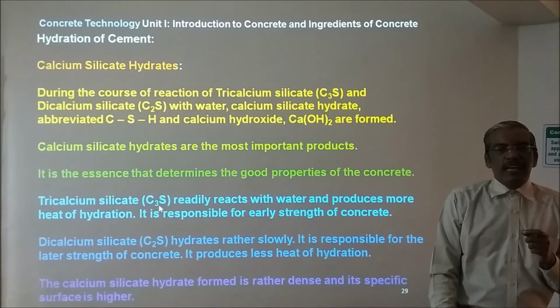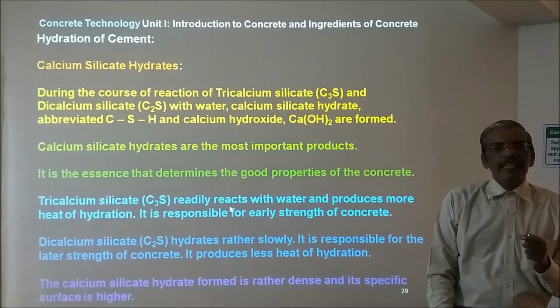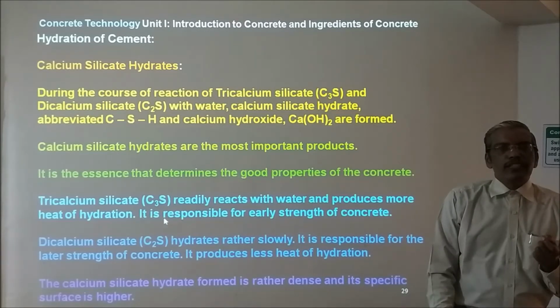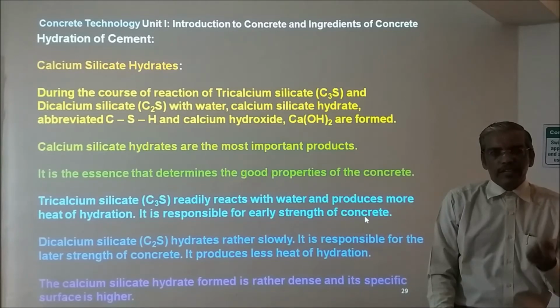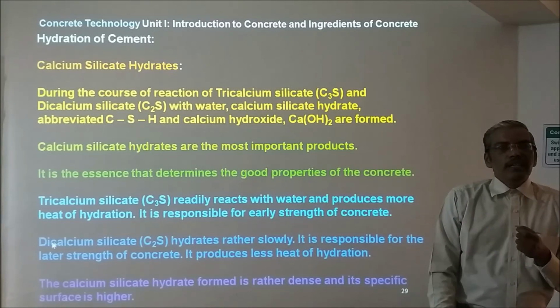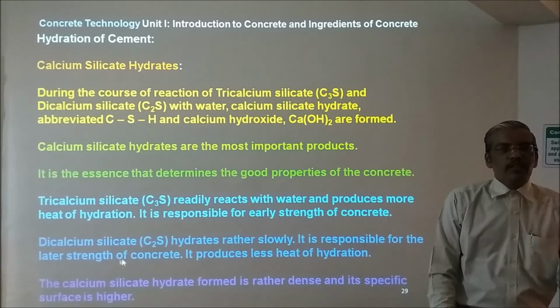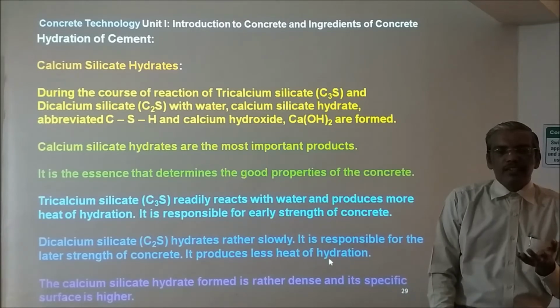Tricalcium silicate, that is C3S, readily reacts with water and produces more heat of hydration. So it is responsible for early strength of concrete. Then dicalcium silicate, that is C2S, hydrates rather slowly. It is responsible for the later strength of the concrete. It produces less heat of hydration.